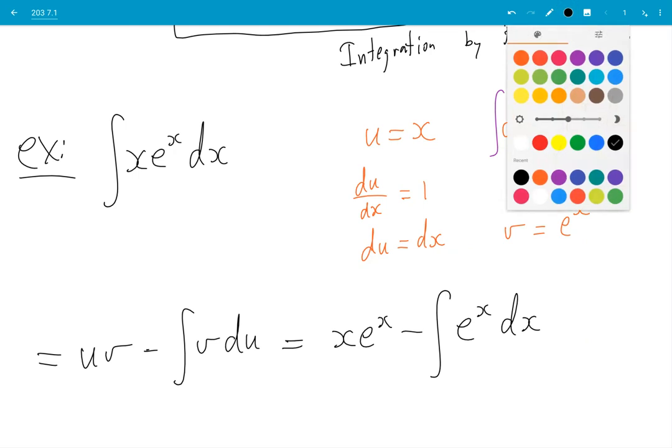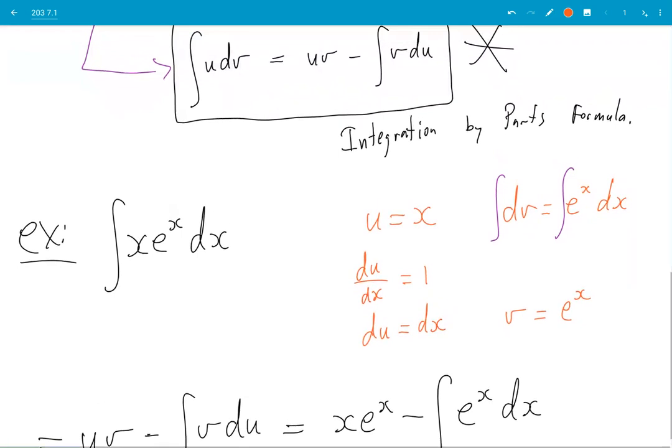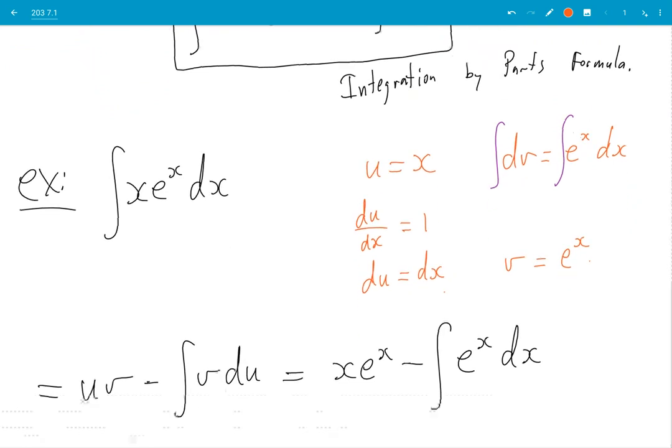Now remember what I said above with the by parts formula. You are hoping that this integral is an improvement on this integral. In our case, we can see that this integral here is indeed much nicer than the original. We have removed our problem.